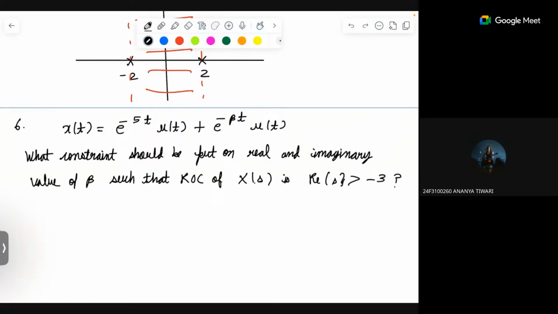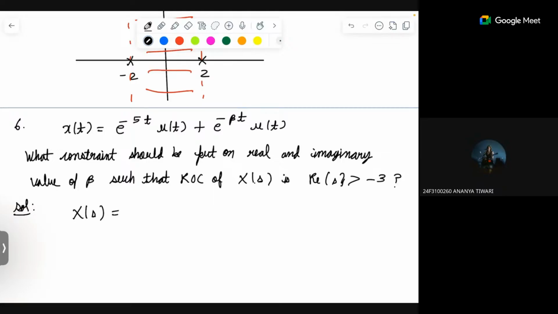Maybe you can start by writing the X(s) expression, writing the individual ROCs, and then see the constraints. First, I think beta would be equal to 3.